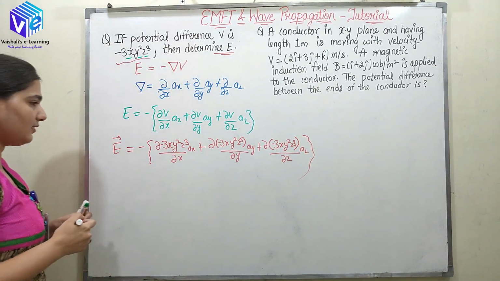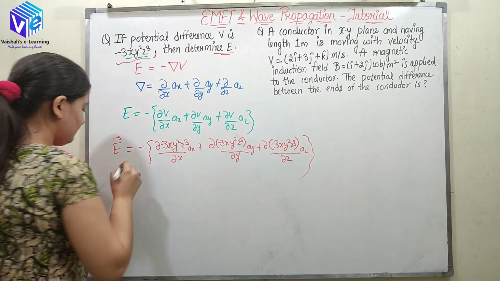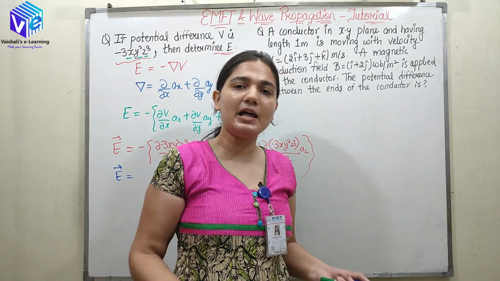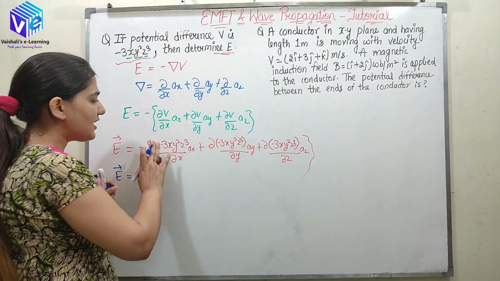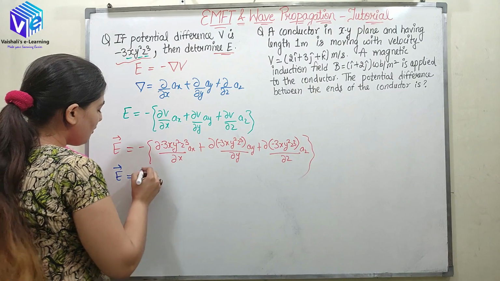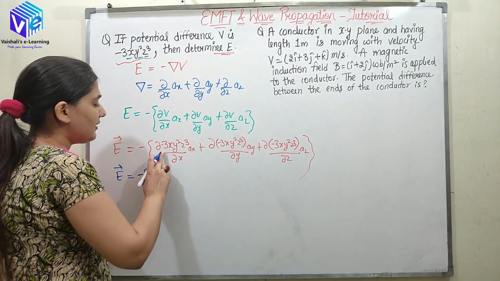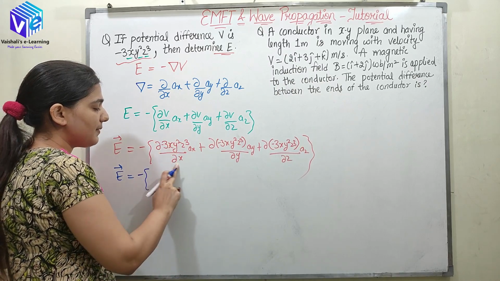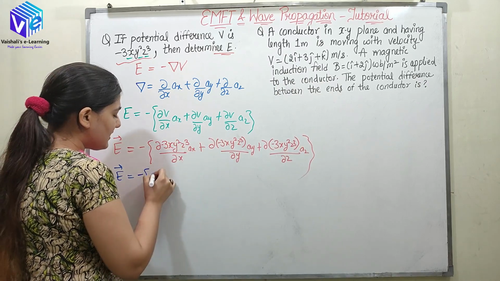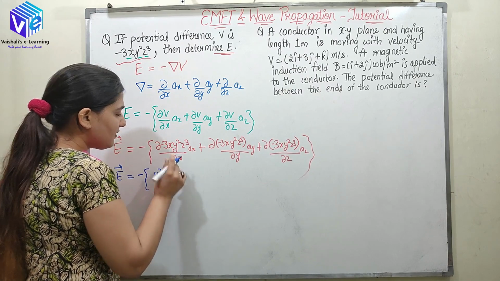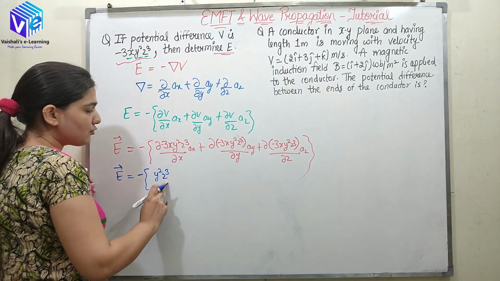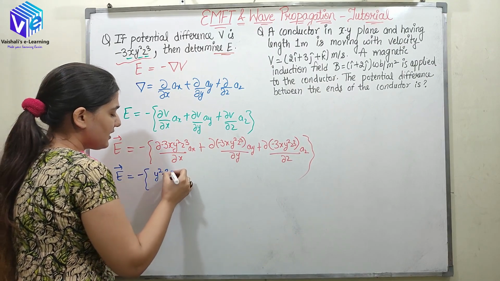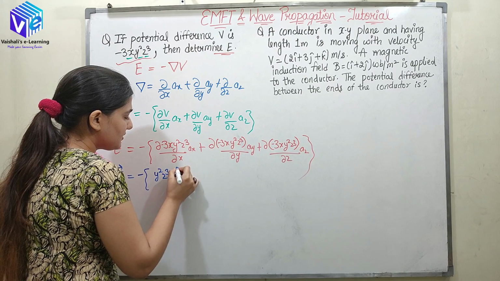So this is my E. Now I know partial differentiation. It is very simple and we can easily find it here. So here we'll have the negative sign. The partial differentiation of minus 3xy square z cube with respect to x: y square and z cube are constant with respect to x, so I took them outside. What is the partial differentiation of minus 3x? It will be minus 3 only.